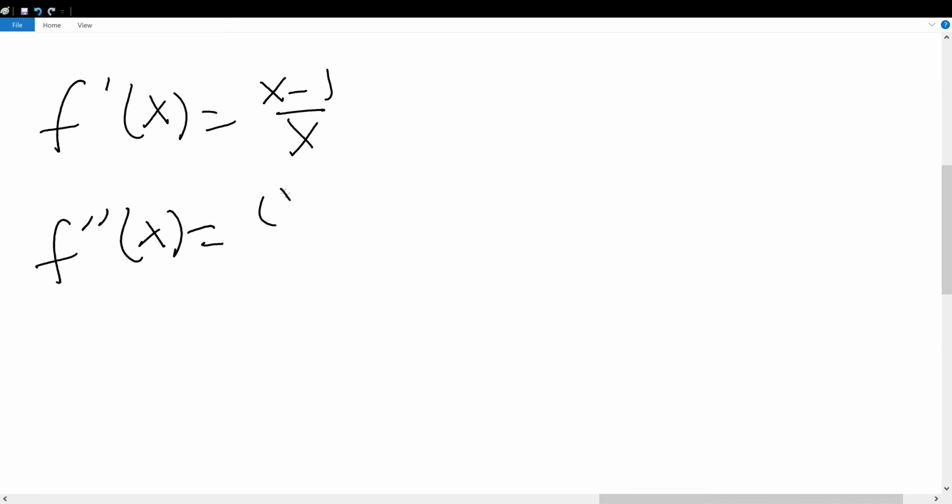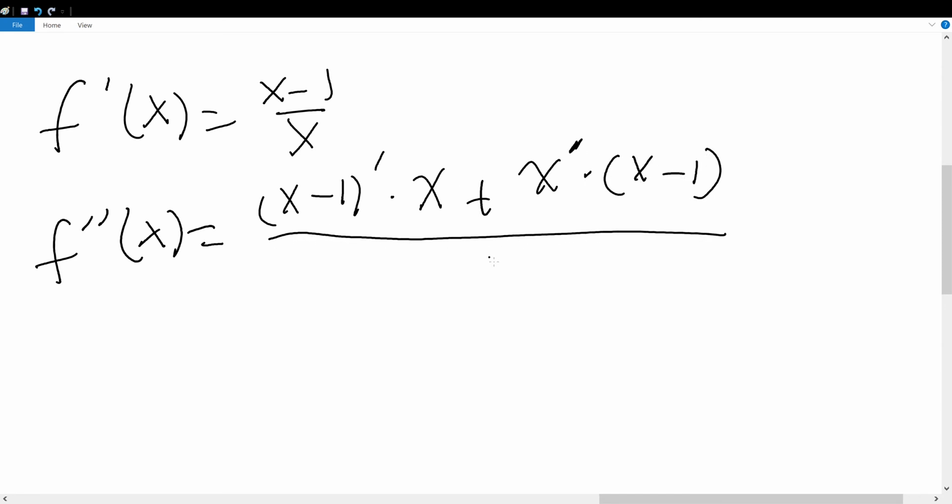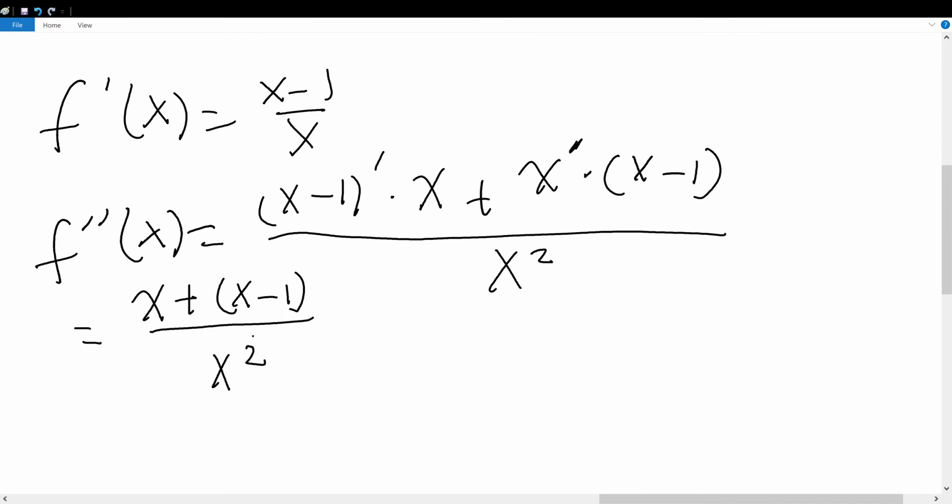So x minus 1 prime times x plus x prime times x minus 1, divided by x squared. That will be x plus x minus 1 divided by x squared. Okay, so that will be 2x minus 1 over x squared, which is the double prime.